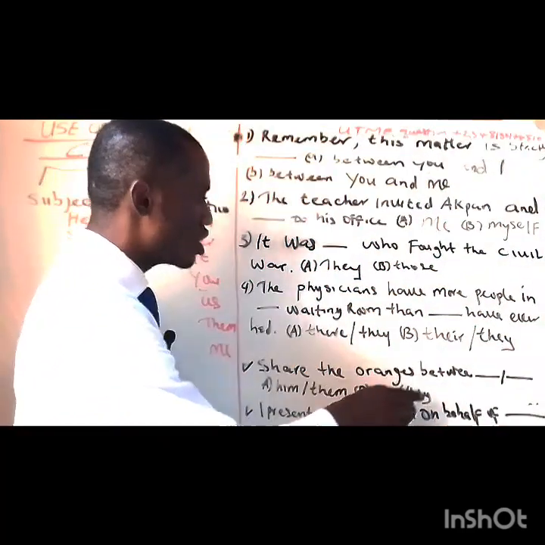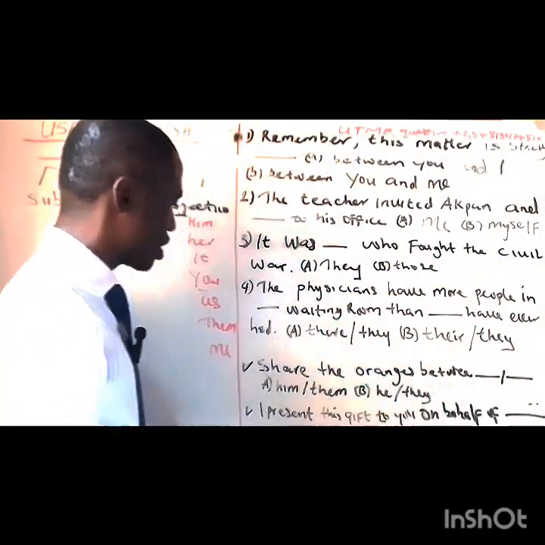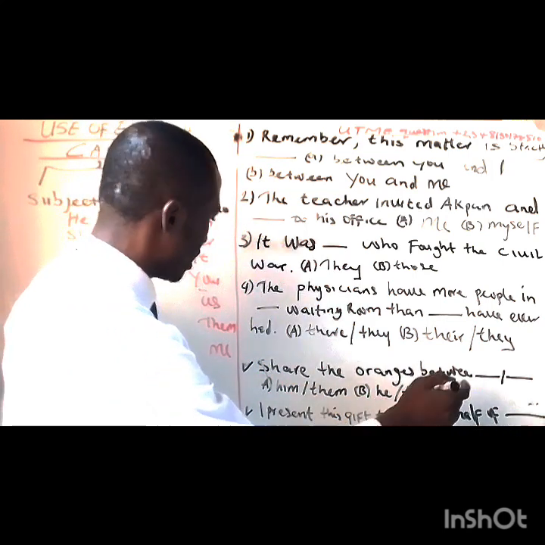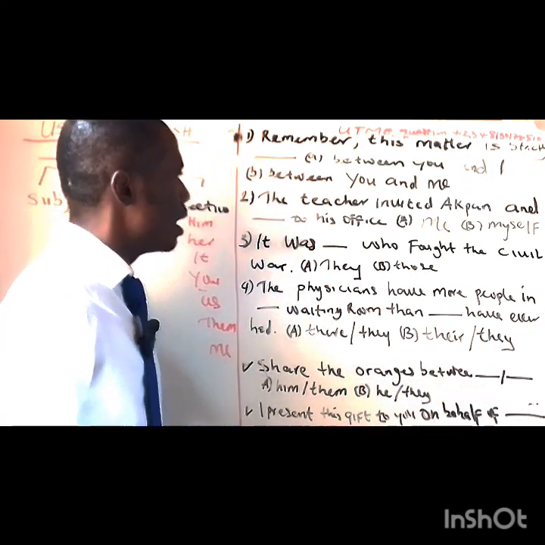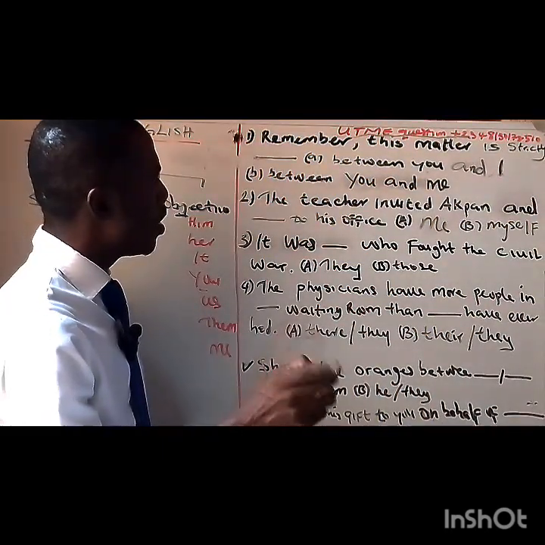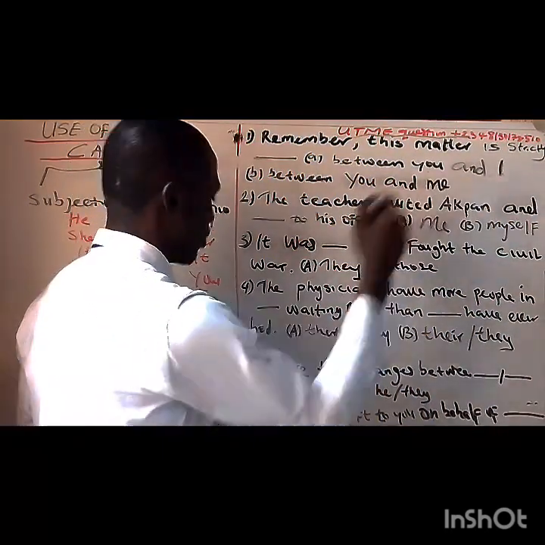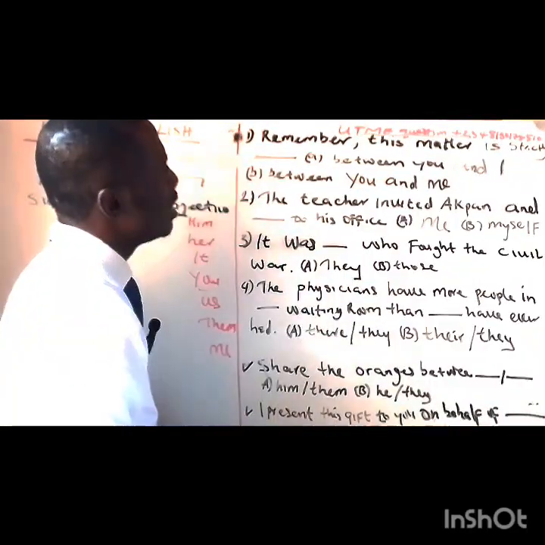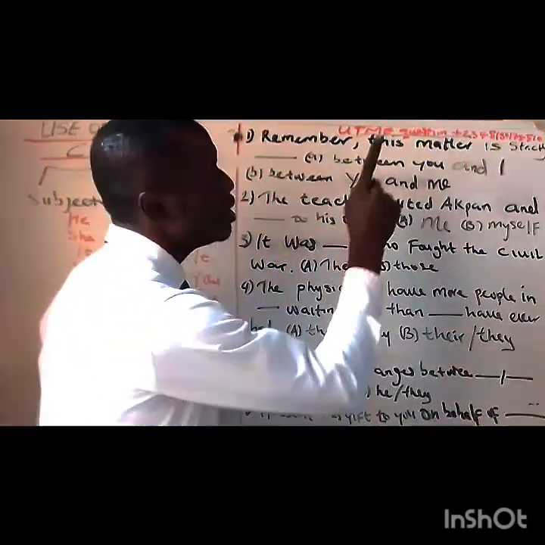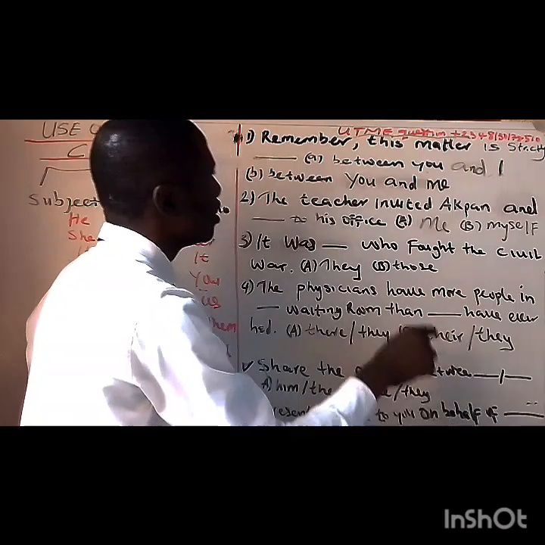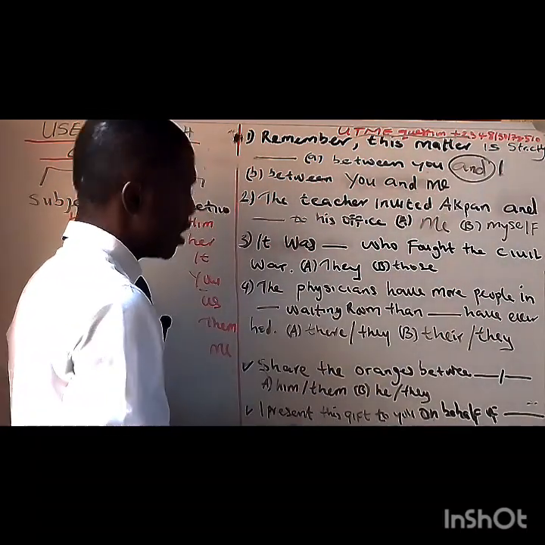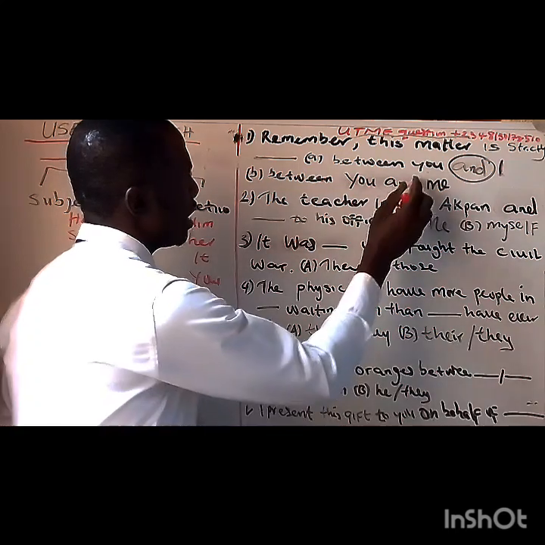Let's find a question on preposition. All right, we have the first question on preposition. It says, remember this matter is strictly dash between you and I. Between you and me.